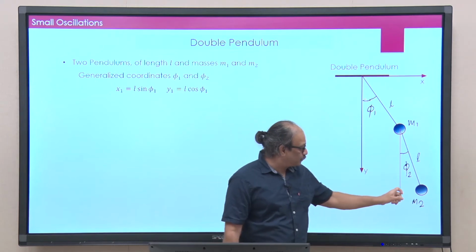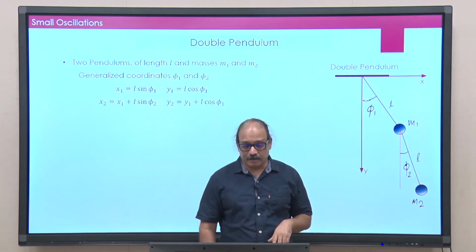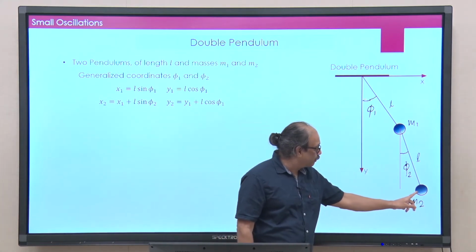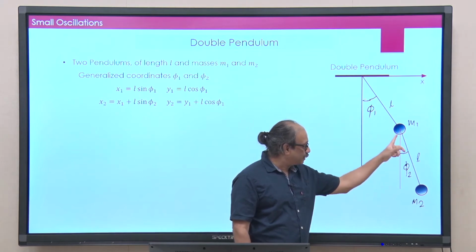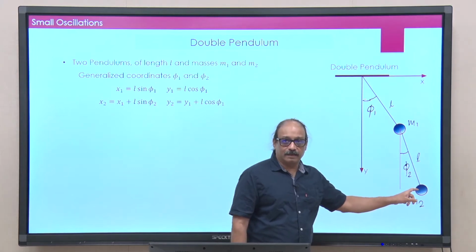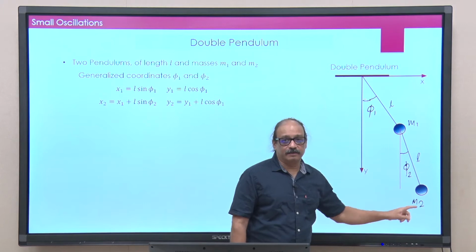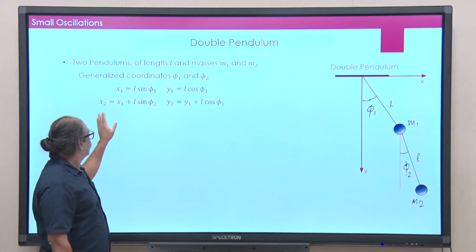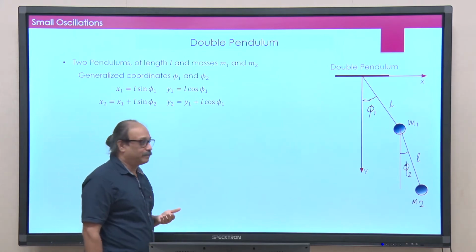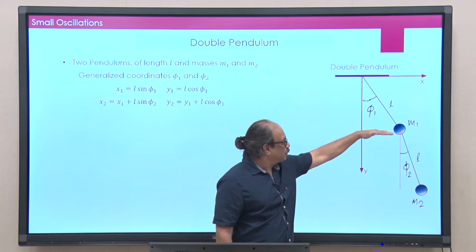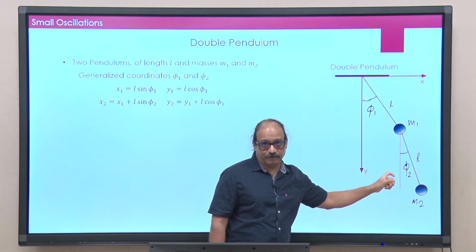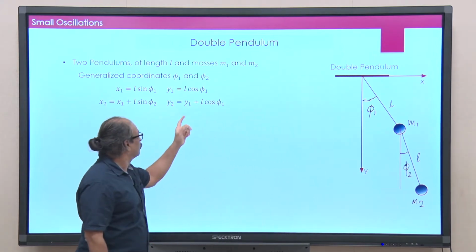And for the coordinates of mass m2, from here to the vertical that I have drawn, this distance is already x 1 and then plus another L times sin of phi 2. Okay. So, x 2 is going to be x 1 plus L times sin of phi 2. Same thing about the y coordinate. Up to this point there is a y 1 and below this there is an L cos phi 2. So, you have to add that to y 1.